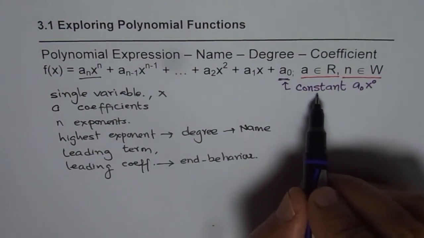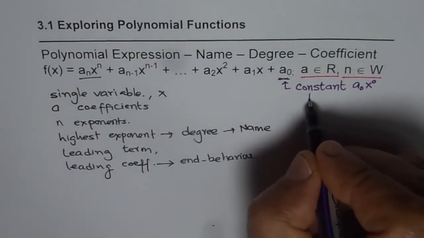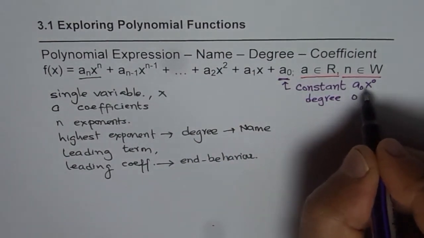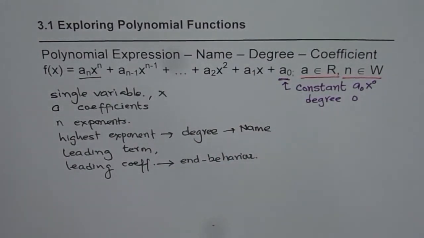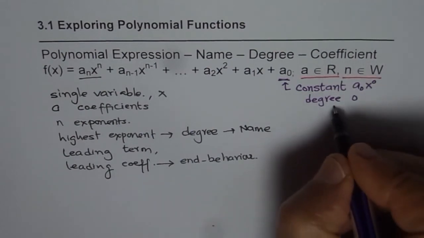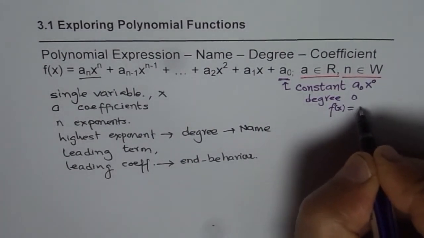So what is the degree of a constant? For a constant, degree is, tell me what? Degree is 0. Do you see that? This is a very important question. In multiple choice questions and even otherwise, they may give you a function which is f(x) equals 0.